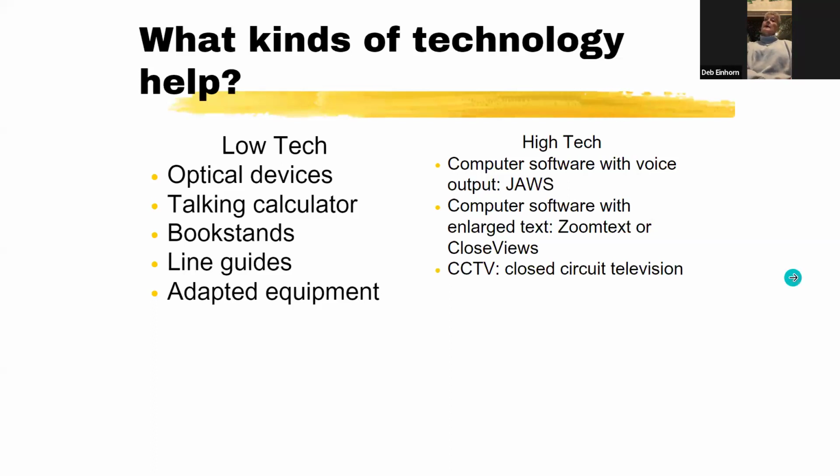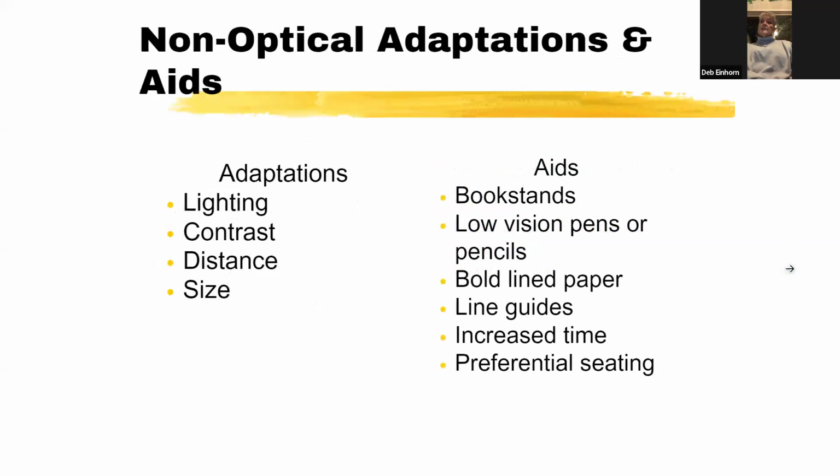They might need text-to-speech software for a computer. They might need other high-tech devices like computer software, like JAWS, computer software that enlarges text, or closed captioning, those kinds of technology services.